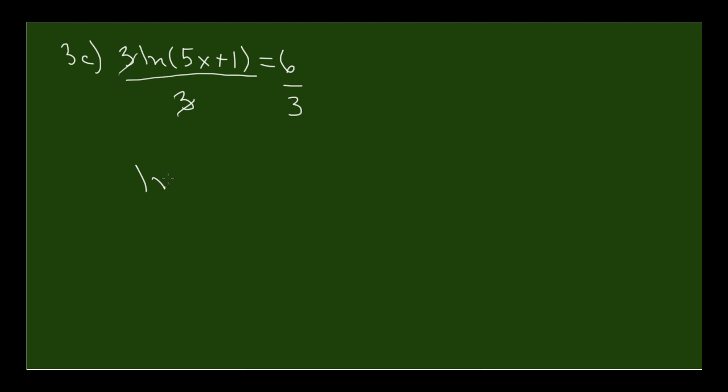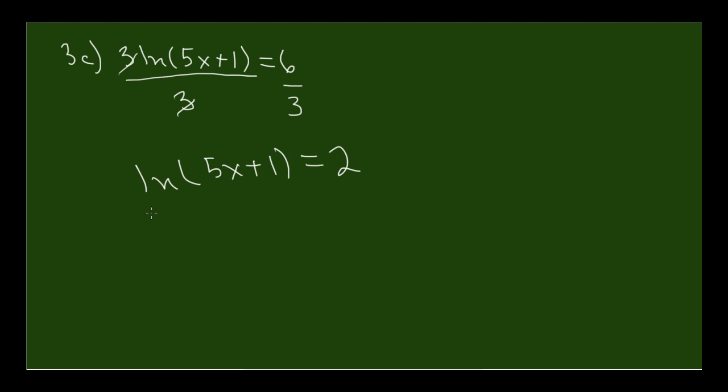Now, problem 3c, we have 3 times the natural logarithm of the quantity 5x plus 1 is equal to 6. First of all, what we should probably do is divide by this 3 right here. This would give us, after these divide out, the natural logarithm of 5x plus 1 is equal to 6 divided by 3, or just 2.